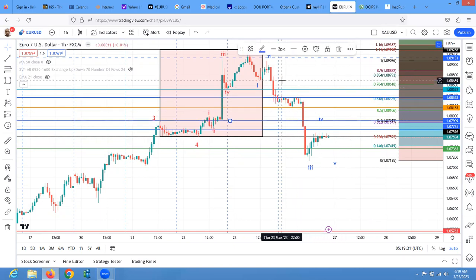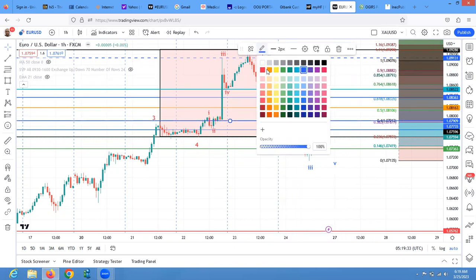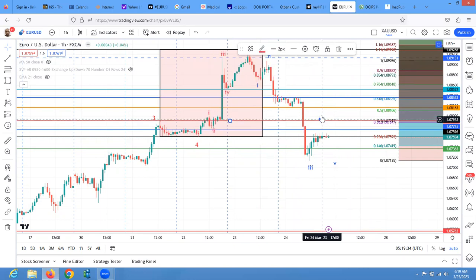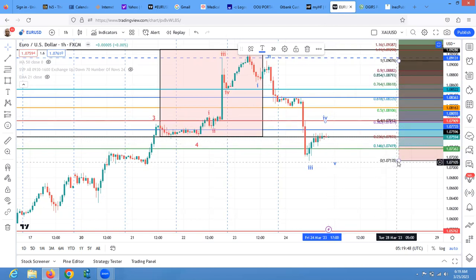So I'm going to code it in red. When you know this, then you know it. If this red, for any reason, is taken out and we have a move to the downside, it's only a pullback for more upside. That's how to interpret it.